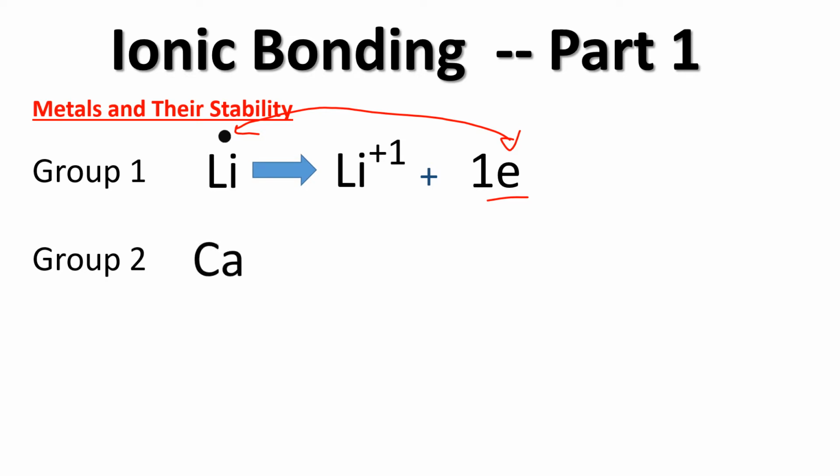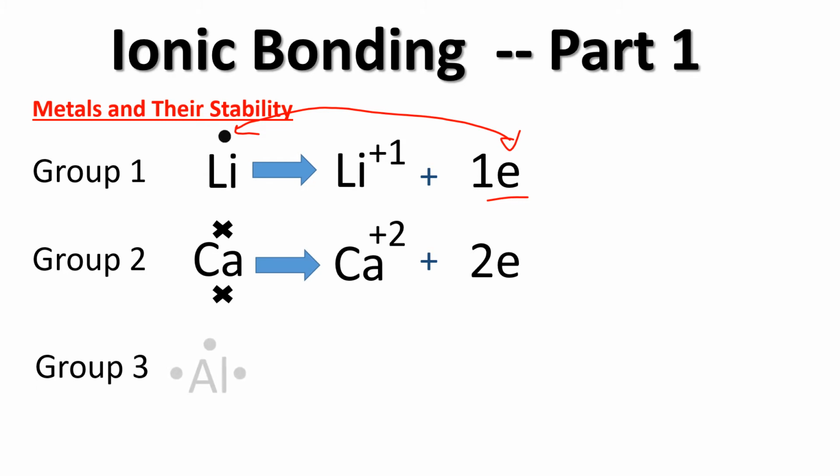Let's look at group 2, calcium. Will it gain 6 or lose 2? And the answer is it's going to lose 2. And if it loses 2, it's going to have an overall charge of +2. And there are the 2 electrons it's lost. And when we get to group 3, something like aluminum, we ask ourselves, is aluminum going to lose 3 or gain 5?